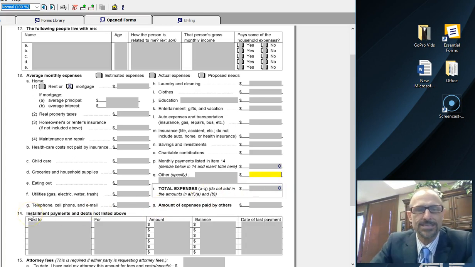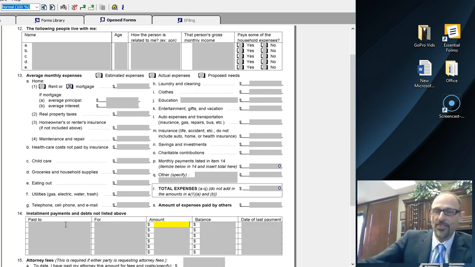So let me give you a little more detail about the installment payments under 14 here. Let's say, for example, you've got a Capital One credit card, you're going to put Capital One there. Where it says 4, just put credit card. Under amount, you're going to put the average amount that you pay each month for that credit card.